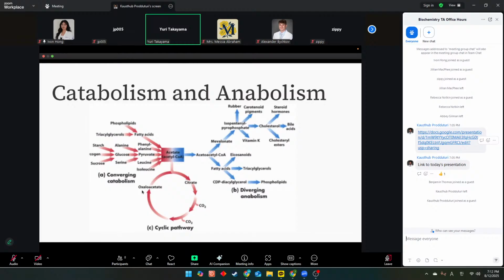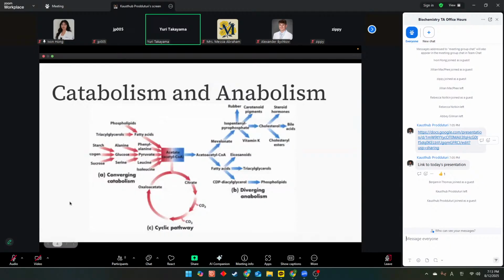This diagram is showing that all these substances with the red arrow are broken down into one substance, in this case acetate. And those blue arrows are showing that from acetate, all these substances are made. So the red is catabolism, the blue is anabolism.